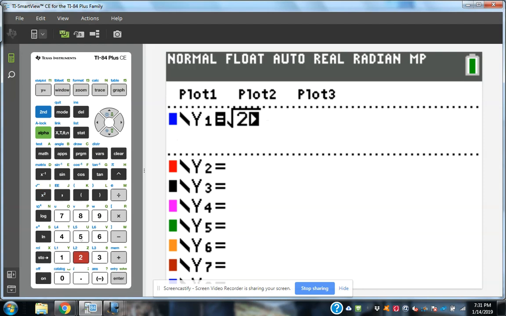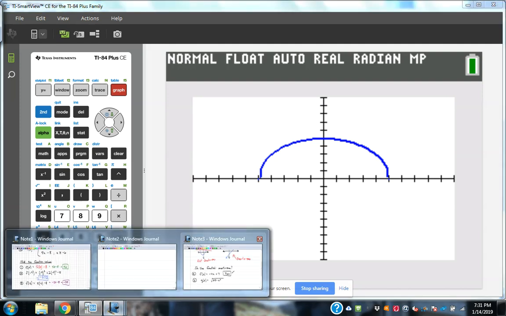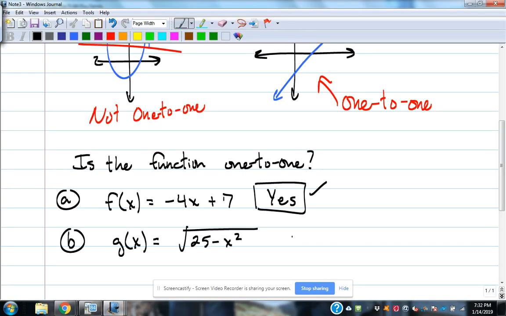Square root of 25 minus x squared. Graph. Does that pass the vertical line test? Does it pass the horizontal? Definitely not. There's a lot of places I could put a horizontal line and it touches twice, right? So this is not a one-to-one function. Doesn't mean it's not a function, just means it's not one-to-one. Okay.